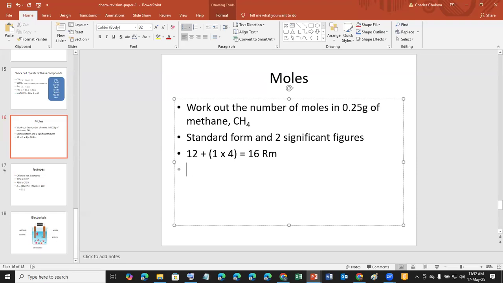Now the number of moles, n, is equal to the mass, which is 0.25, divided by the relative molecular mass, which is 16. Do you have a calculator there? Yes.